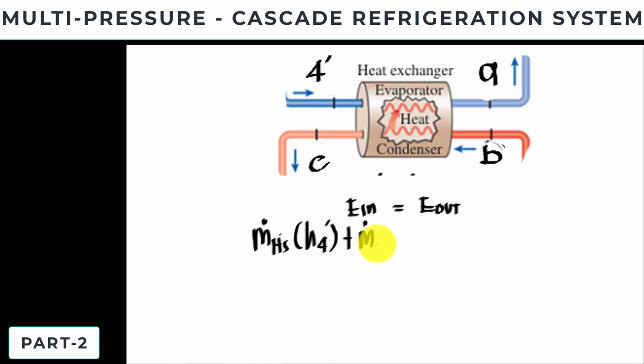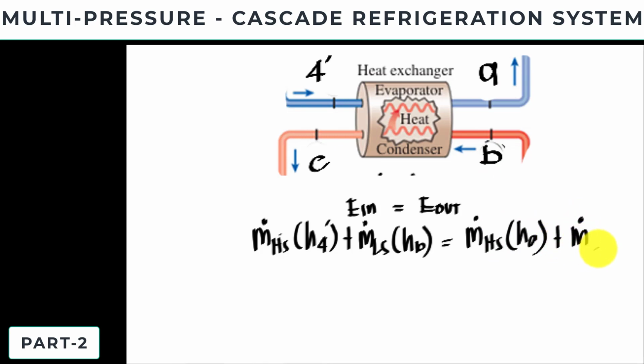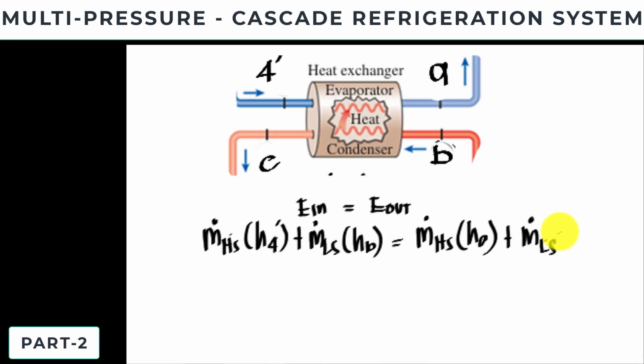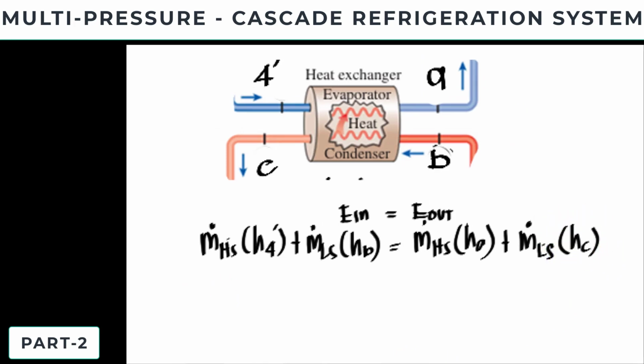Plus the mass flow rate of the low stage times the enthalpy point B, which is equal to the mass flow rate leaving the high stage times enthalpy A, then plus the mass flow rate at the low stage times enthalpy C.